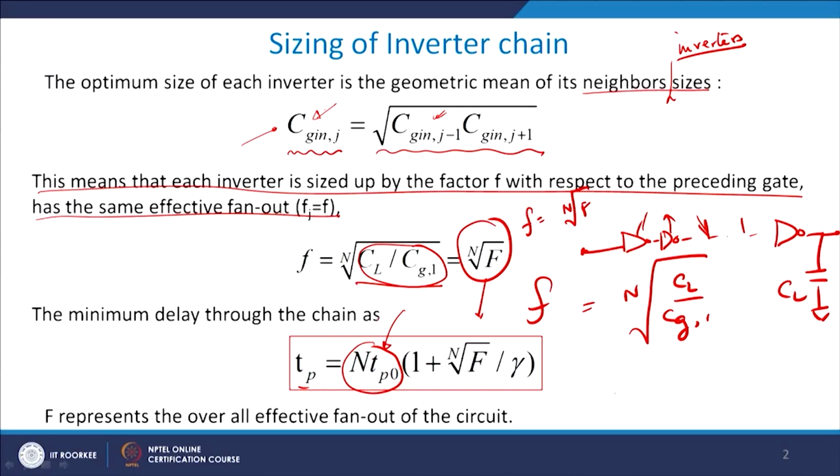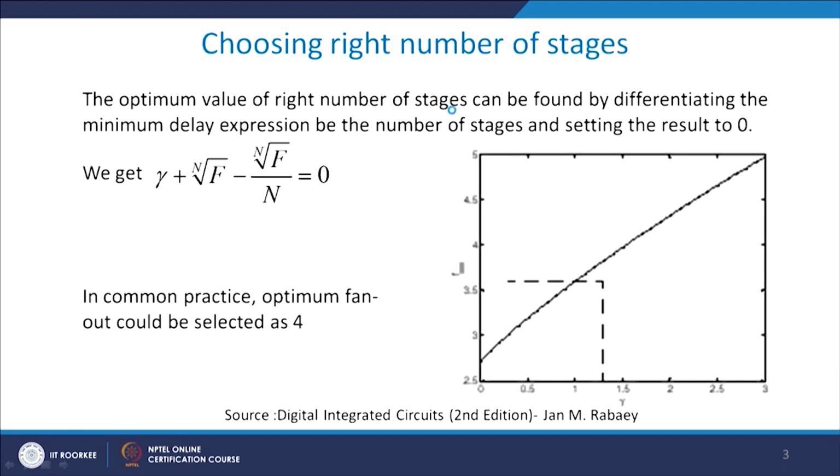You also have this other quantity, divided by gamma. From our previous understanding, we got that it is f by gamma. Now, this f is the nth root of F, where capital F is given by this quantity, and therefore I get this by gamma, and Tp is the overall delay. So, f represents the effective fan out.